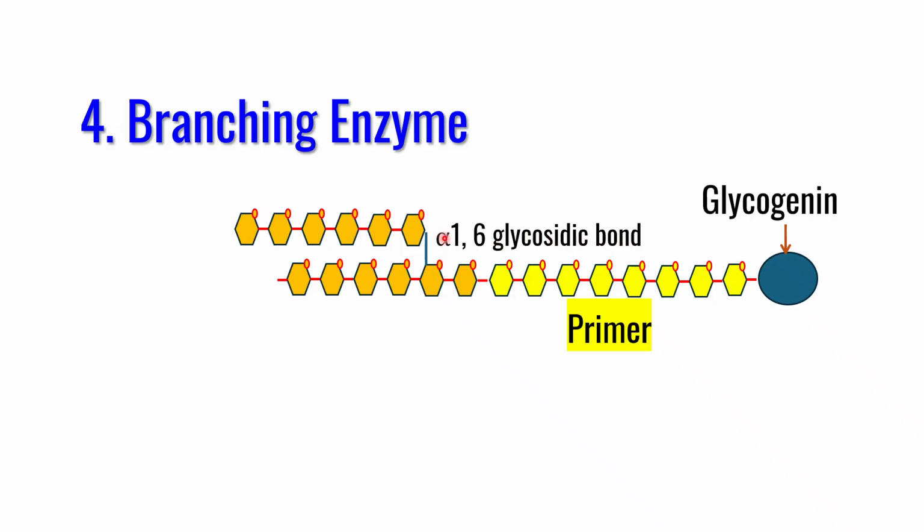This alpha-1,6 glycosidic bond is the branch point, and these new branches will then be extended by glycogen synthase, and the branching enzyme will keep on adding new branches. So these two enzymes keep working, and ultimately a glycogen molecule which is highly condensed and highly branched is formed.